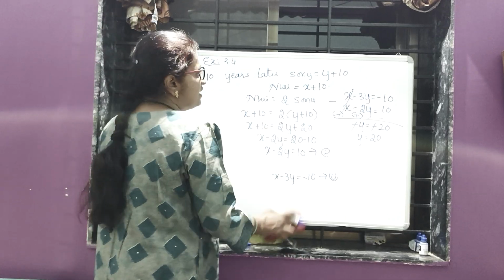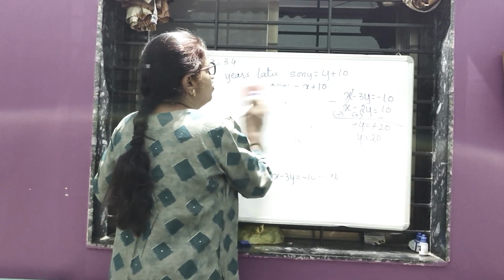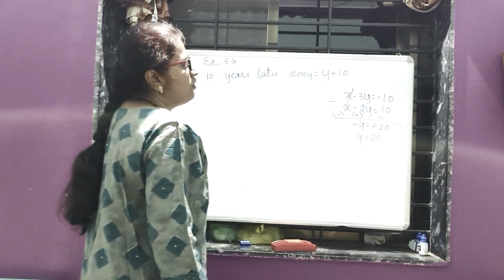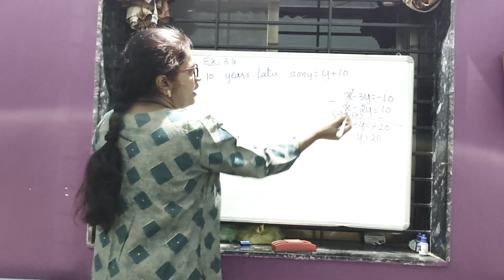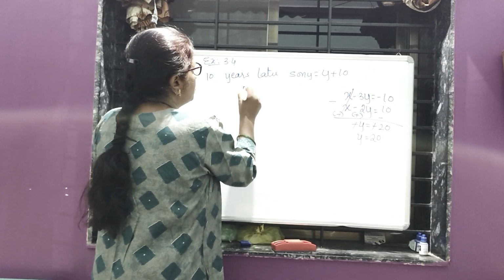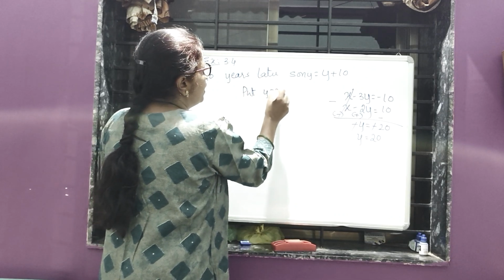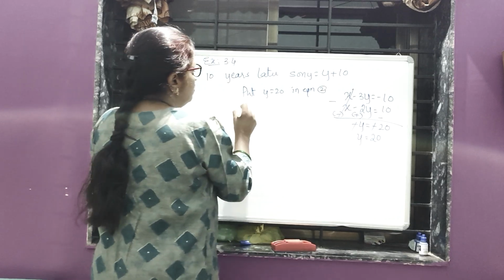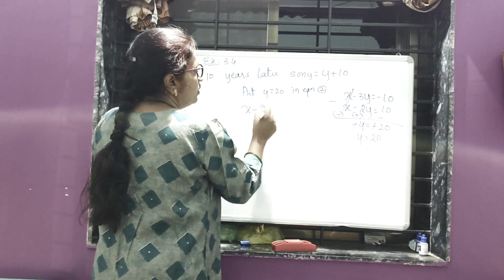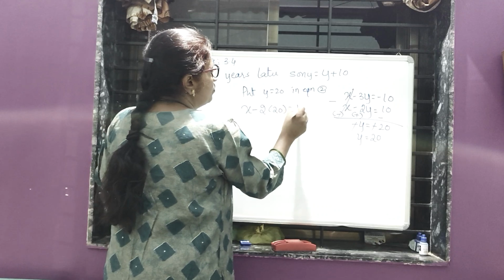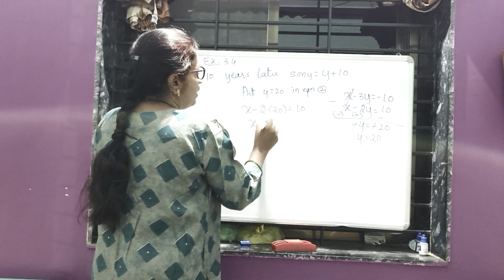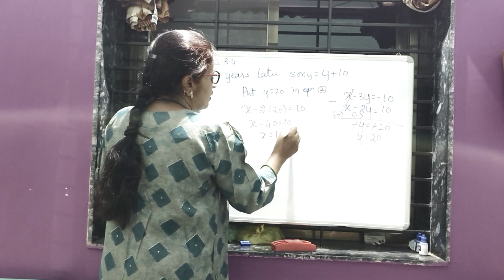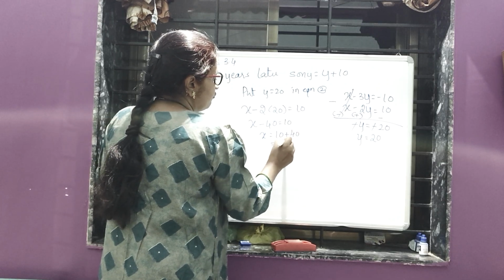Now find the present age of Nuri by substituting the value of y either in equation 1 or in equation 2. If you take equation 2, put y is equal to 20 in equation 2. x minus 2 into 20 is equal to 10. x minus 40 is equal to 10. x is equal to 10 plus 40, it is 50.